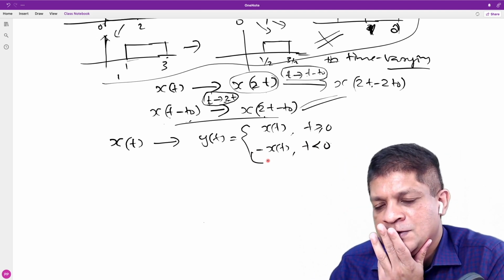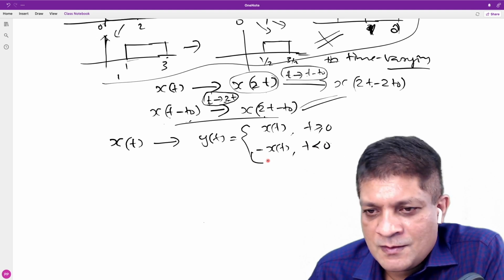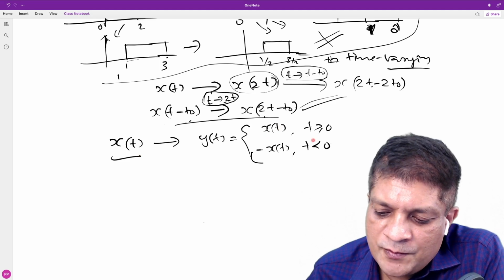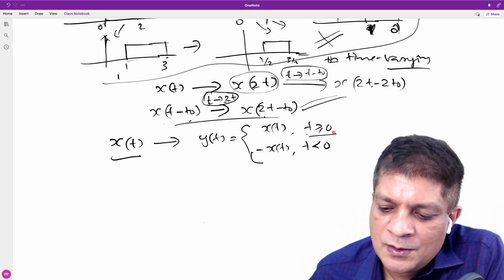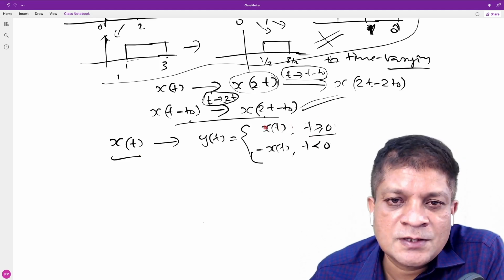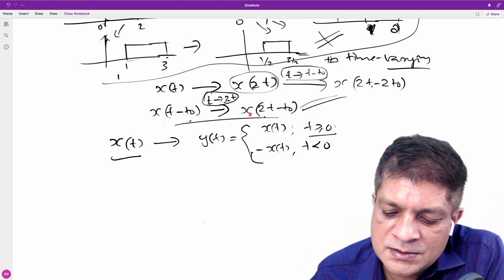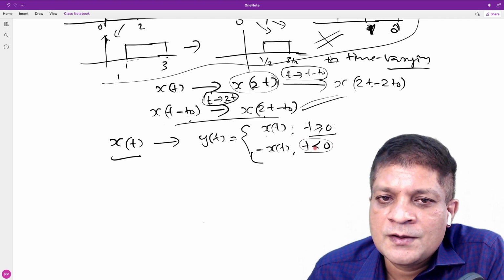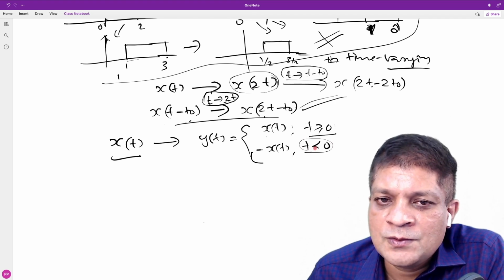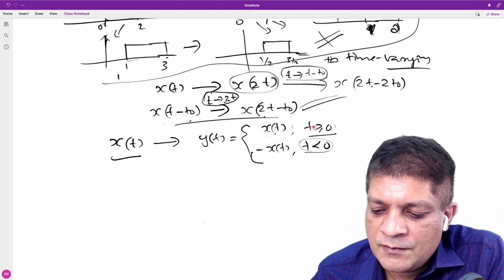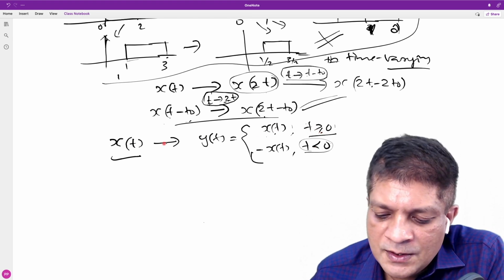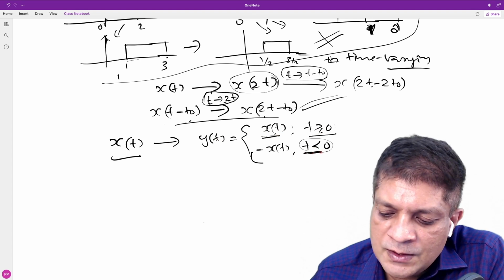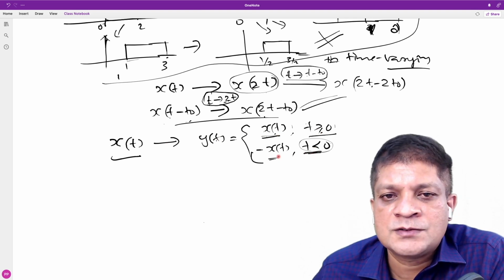So what does the system do? If x(t) is the input, for the positive values of t, the system does nothing. It is exactly the same as the input. For negative values of t, it is minus of x(t).